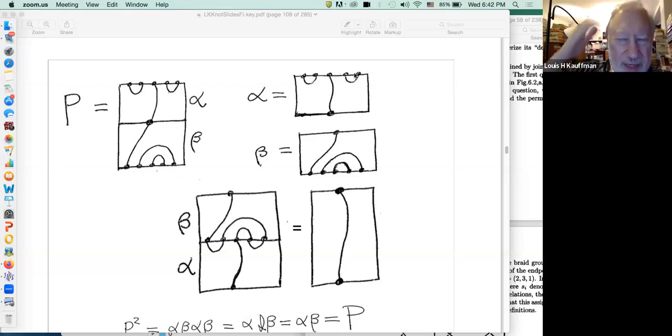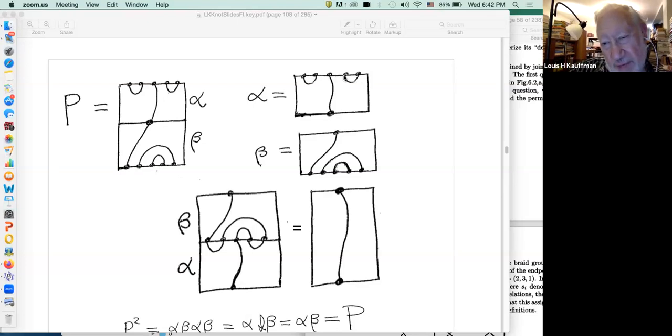You can have Temple-Lieb generalized elements which have, for example, 5 at the top and 1 at the bottom. Now, if you took alpha and beta and you multiplied them in the opposite order, you get something which is just a little wiggle, and it all disappears topologically and becomes a straight line.